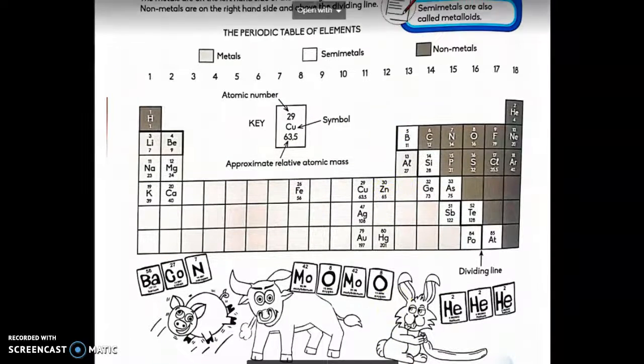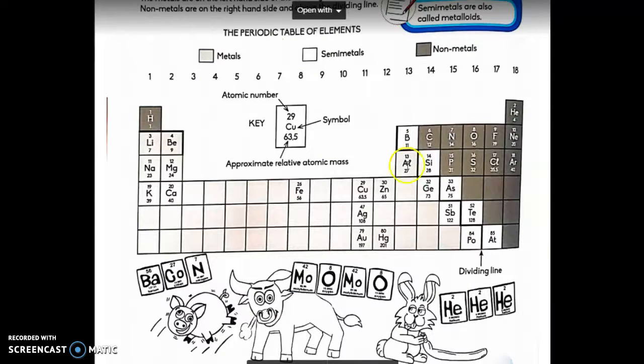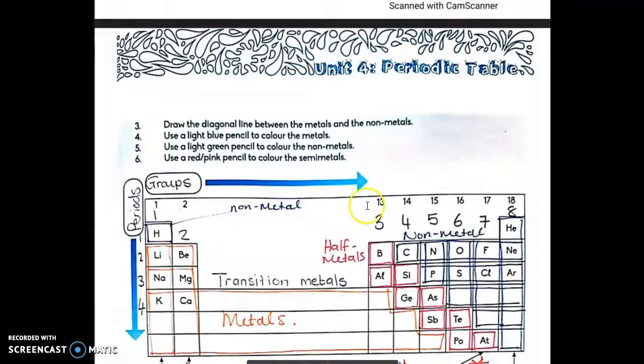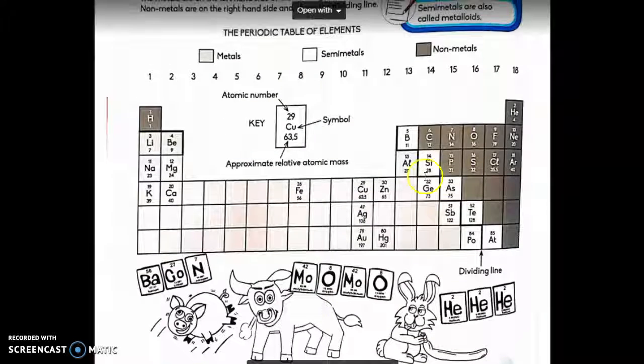So look at the periodic table that I gave you. It only goes up to here. This is an extended version, and please do not use this as a good example. So rather use this one. Okay, thank you.